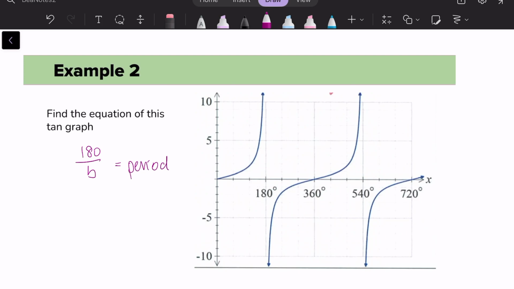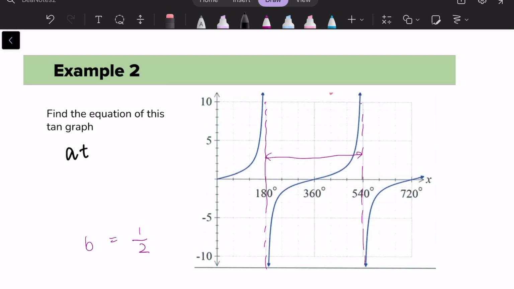And in this case, the period is 360 degrees. So we know 180 over b equals 360, which means b equals a half. So in our generic formula, a tan(bx + c) + d, we've established that b is a half.